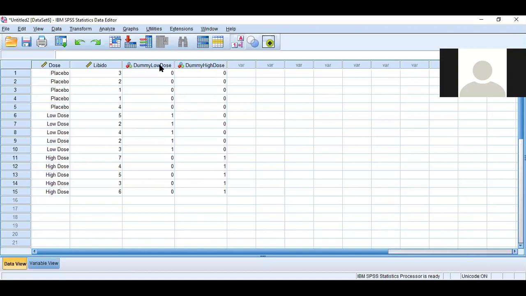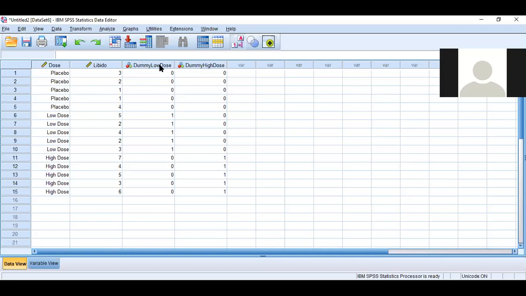When you are looking at placebo, low dose, high dose, you expect the libido to be higher among high dose, followed by low dose. If you look at the logic behind plan contrast, we did that when we were talking about the workshop for ANOVA. Plan contrast is the same logic. You expect the libido to be higher among the high and low dose.